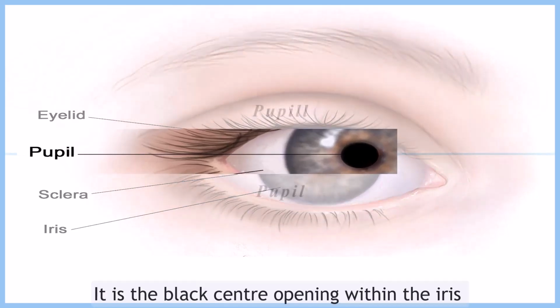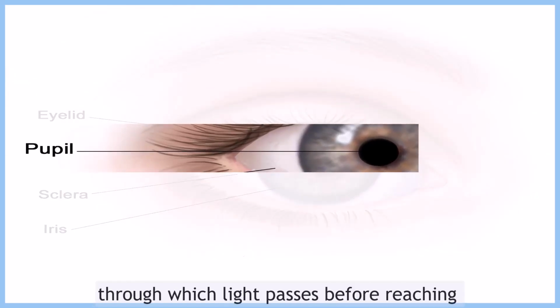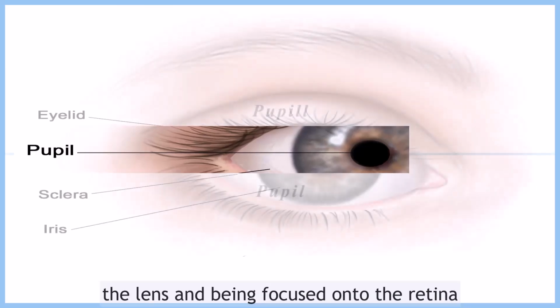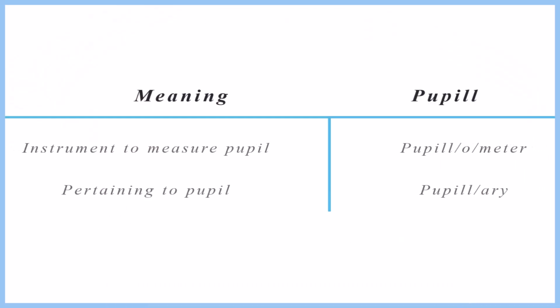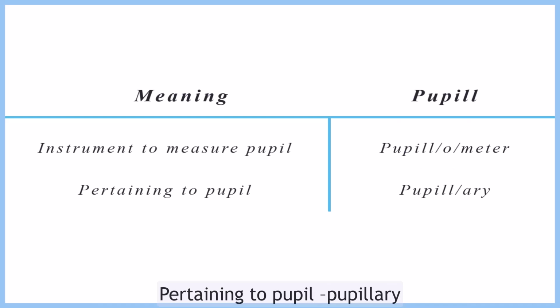It is the black center opening within the iris through which light passes before reaching the lens and being focused onto the retina. Instrument to measure pupil, pupillometer. Pertaining to pupil, pupillary.